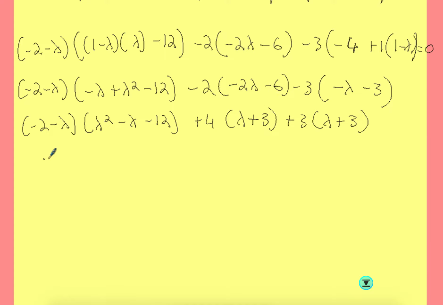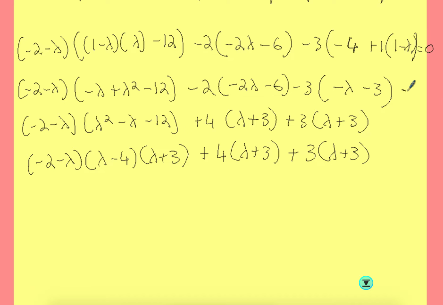Right, so I factorise this CDT, and when you do CDT, it's a trinomial. You're adding to make -1, multiplying to make -12, so that gives you lambda take away 4, lambda plus 3, plus 4 lambda plus 3, plus 3 lambda plus 3. That should be equal to 0.